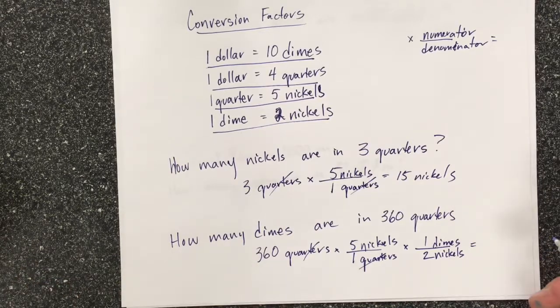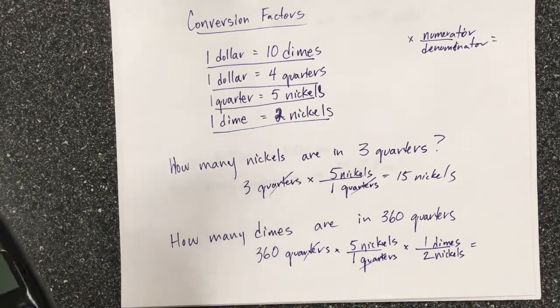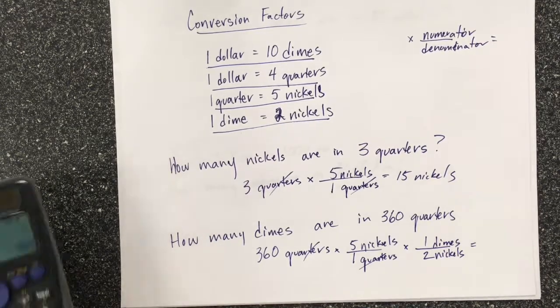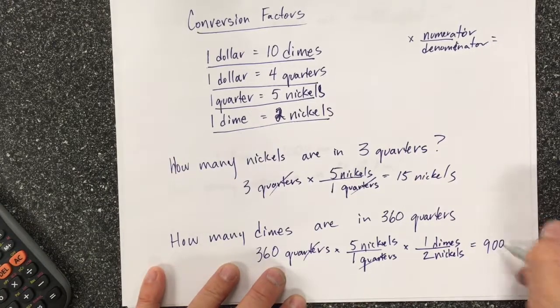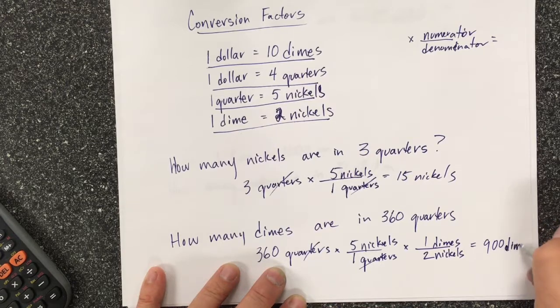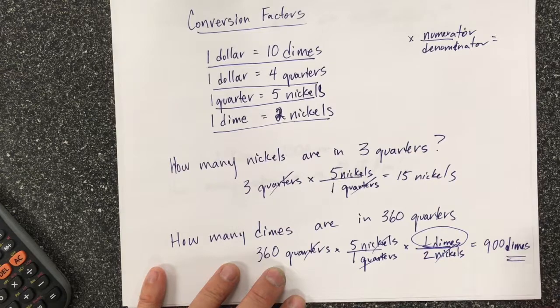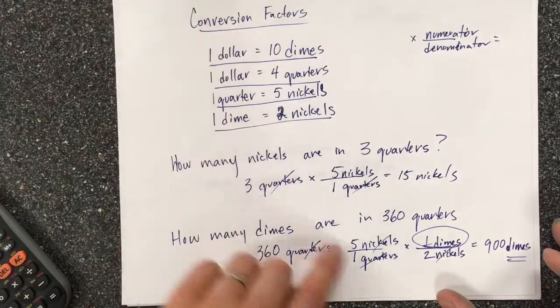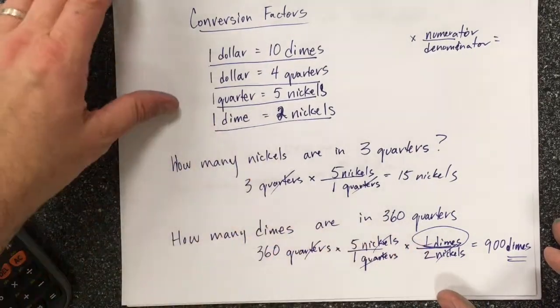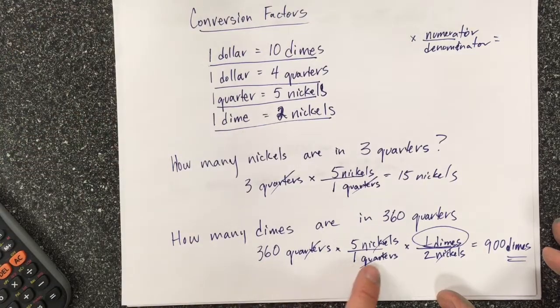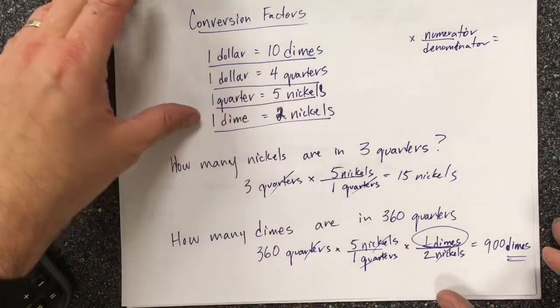And so I can take my calculator, take 360 times 5 divided by 1, times 1 divided by 2, and I get 900 nickels. Or, sorry, 900 dimes. Because the nickels canceled out, it left me with dimes. So conversion factors use these equal fractions to go from one kind of thing, cancel it out, and get to another.